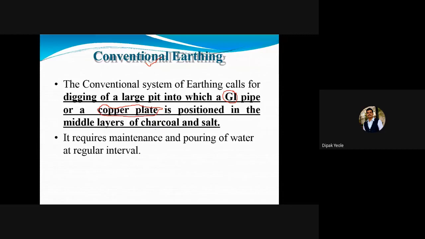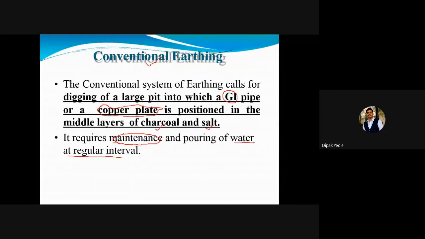So you have to use either of these in your conventional earthing, GI pipe or copper plate. You have to remember these two materials which we are using for conventional earthing. It requires maintenance. Why does it require maintenance? Because we have to add the charcoal, we have to add the salt, we have to pour the water continuously at regular intervals. So it is nothing but doing the maintenance. So this is called conventional earthing.